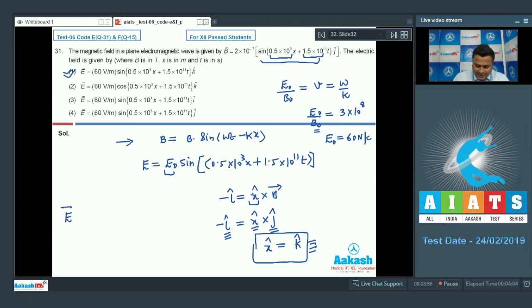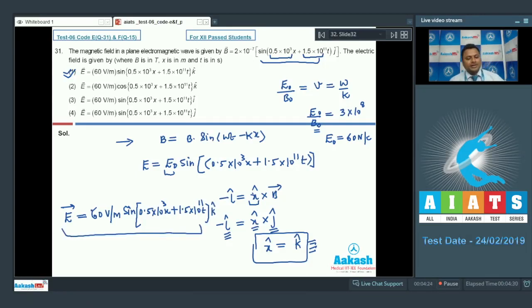So the final electric field vector can be given by 60 volt per meter or Newton per Coulomb sine (0.5 into 10 to the power 3 x plus 1.5 into 10 to the power 11 t) k cap. So this is the electric field given.